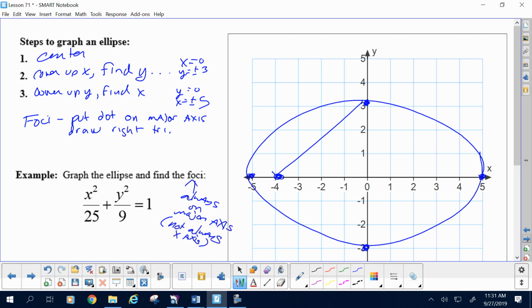Now, in terms of sides, I know obviously this is 3. This, I put at 4, but I don't really know where that focus is. I just kind of put it there. I don't know that that's where it's supposed to go. Are you with me?